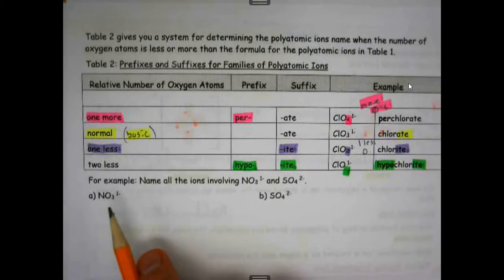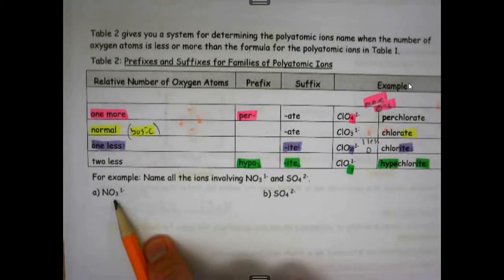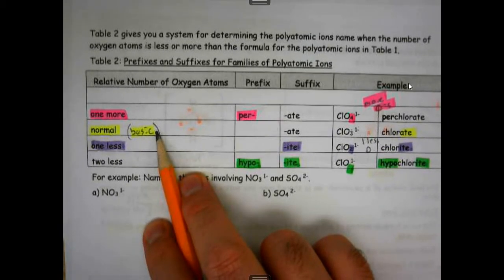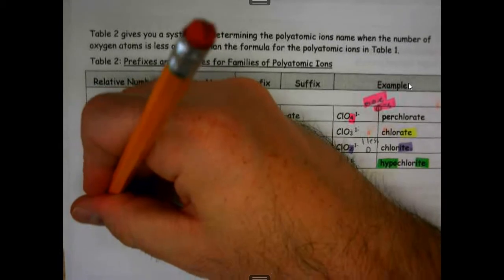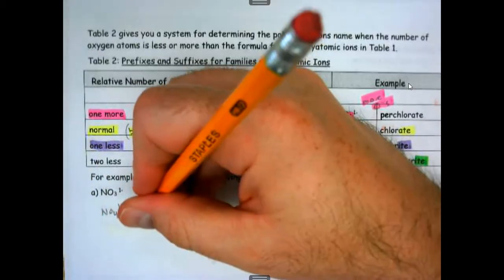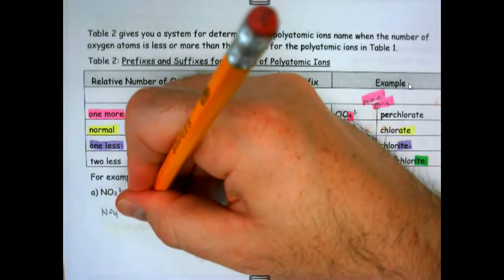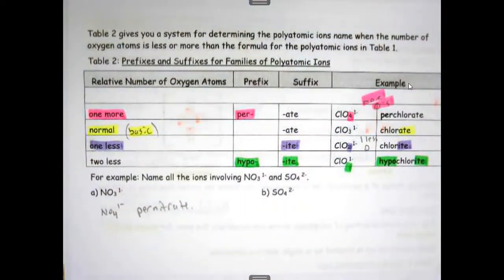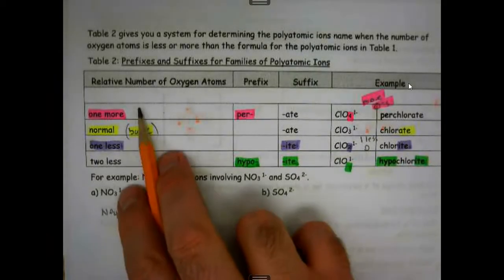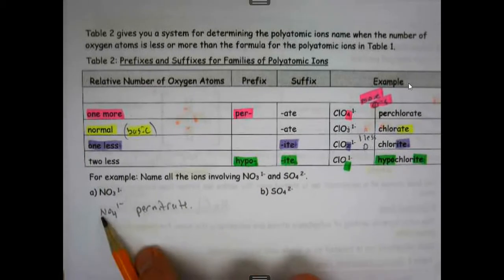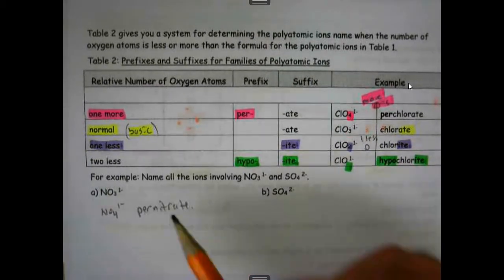So let's put that into practice with something like nitrate. Nitrate is our basic unit, so we're going to write all the variations that we could potentially have for this. If I had NO4 1 minus, because I have one more oxygen, I add "per" and then "ate", so this would be pernitrate.